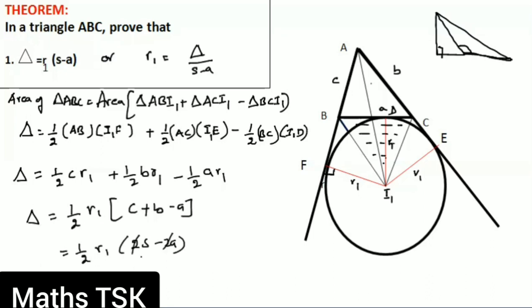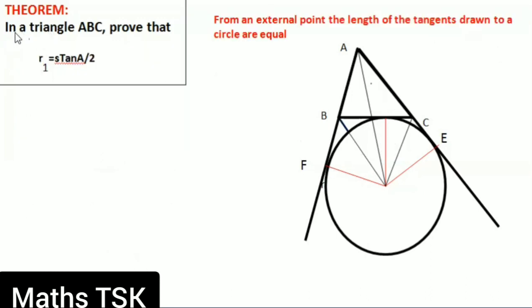Take 2 common and cancel. So delta is equal to R1 into S minus A, or you can write R1 as delta by S minus A. Similarly, you can prove R2 is equal to delta by S minus B, R3 is equal to delta by S minus C.